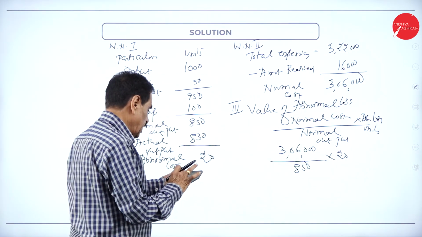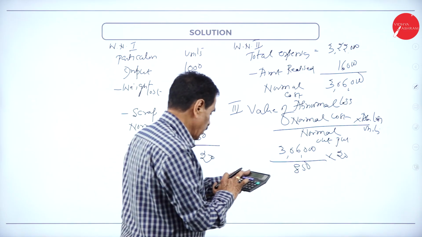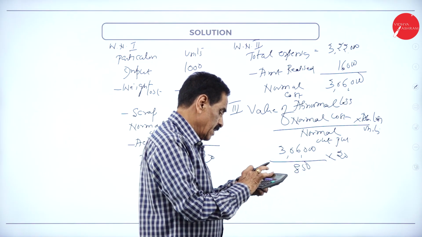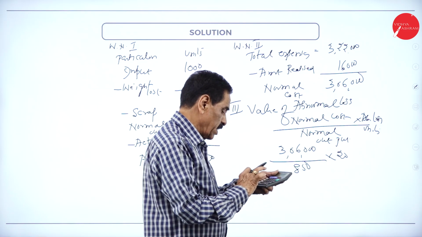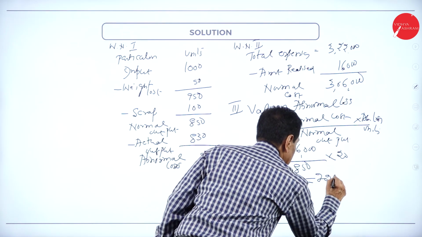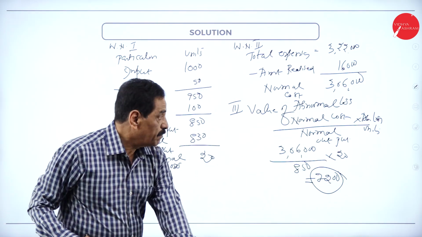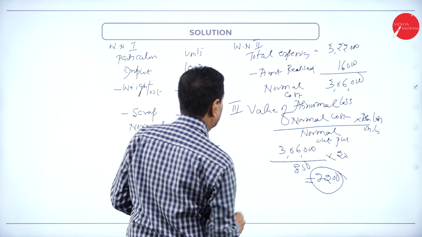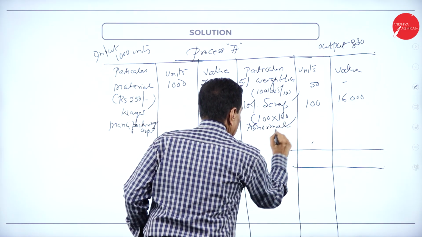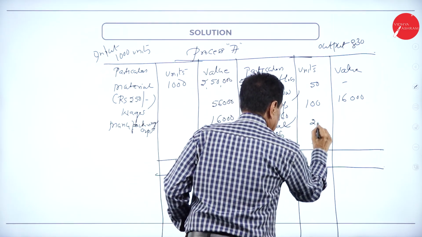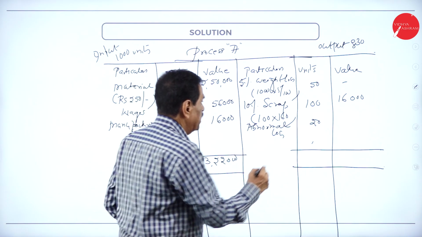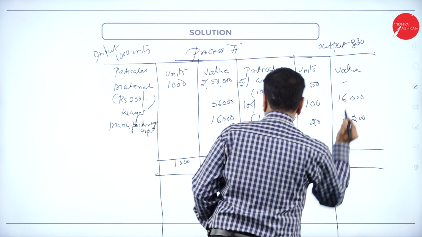We'll apply now. 3,06,000 into 20 divided by 850. It will work out to 7,200. That is the value. We'll put the value for abnormal loss. How many units? 20 units. The value goes to 7,200.